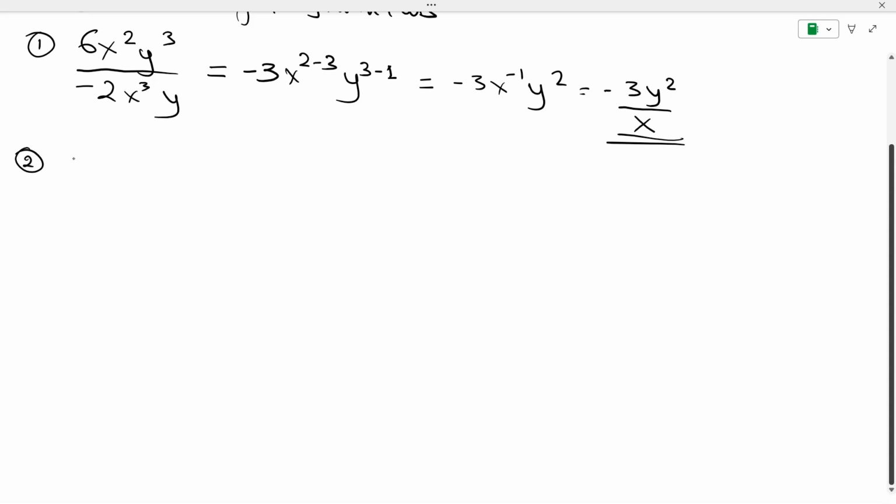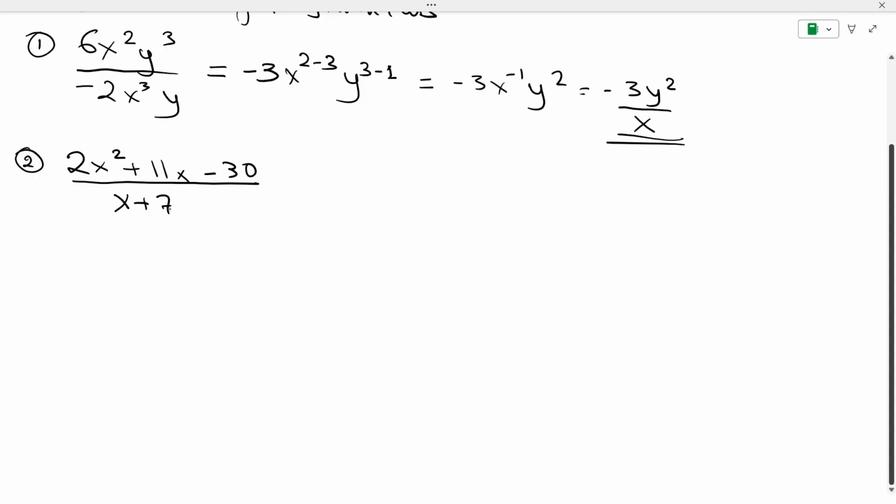Example number 2. Let's suppose you are given something like 2x squared plus 11x minus 30, and this is to be divided by x plus 7.